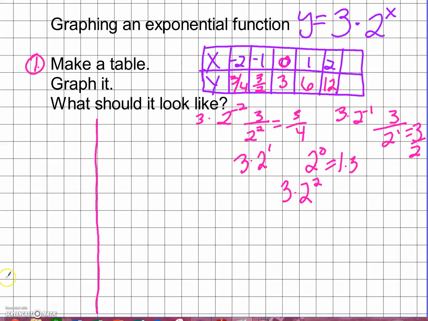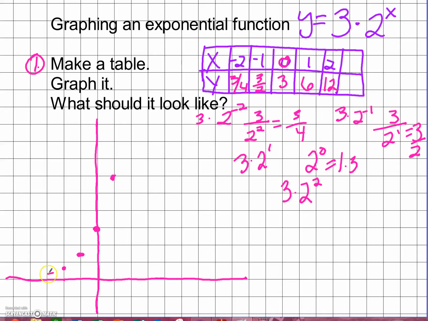I will tell you, when you're dealing with exponential, you're probably going to have some fraction stuff going on in the smaller numbers. So if we go over -2 up 3/4, then -1 is 1 1/2, 0 is 3, which is also my y-intercept, 1 is 6, and then 2, 12 is going to be way up here.